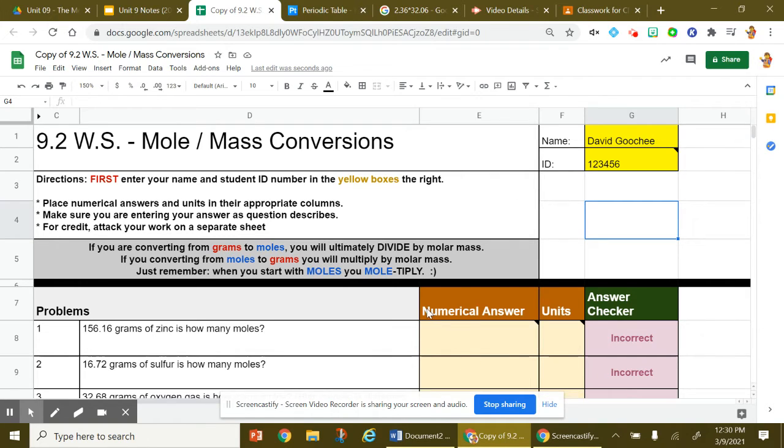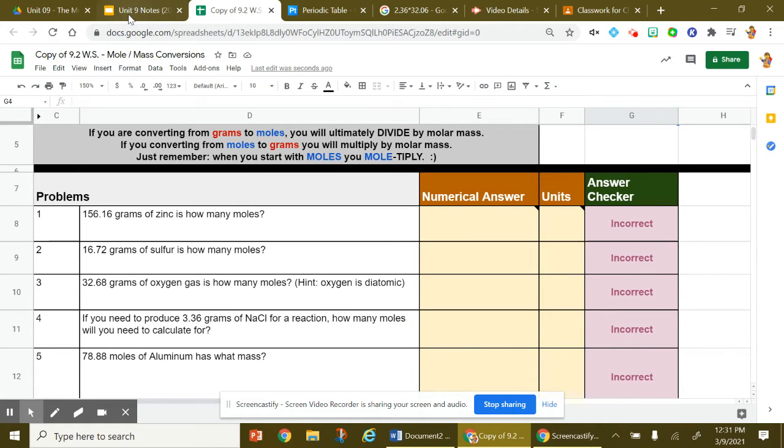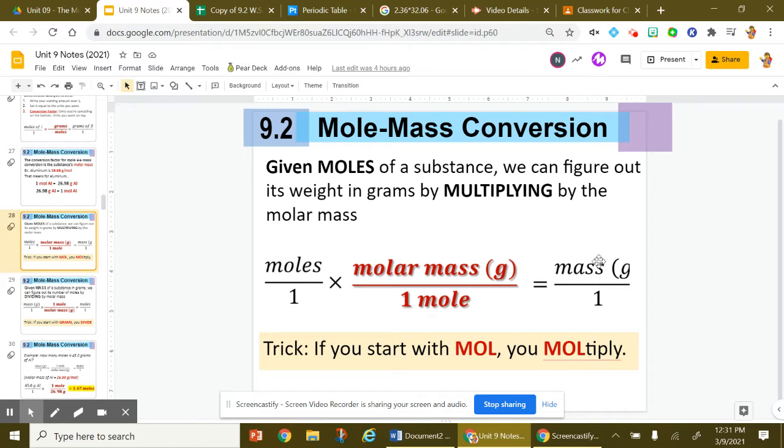Now, this homework is pretty straightforward. You will either be converting grams into moles, or you will be converting moles into grams. You will be doing one or the other. As I talked about in my last video, it's really quite simple. If you're going from moles into mass in grams, you just take your moles and multiply by the molar mass of that substance.